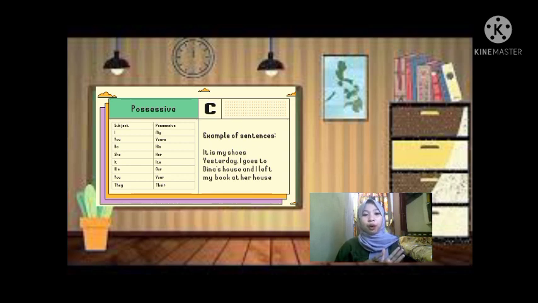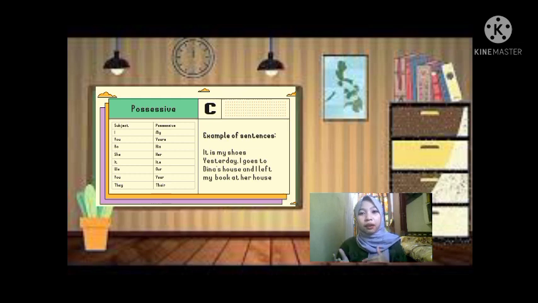For we, we use our. And for they, we use their. For example, it's my shoes. So it means that these shoes are mine. I have the shoes, and this is what I have.